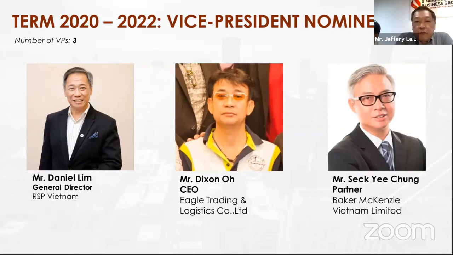Okay. For the next positions of Vice President in Member Relations, External Relations, and Enterprise Relations, there are 3 nominees for 3 VP positions: Mr. Daniel Lim from RSP Vietnam, Mr. Dixon Oh from Eagle Trading and Logistics Company Limited, and Mr. Sek Yi Chung from Baker McKenzie Vietnam Limited.